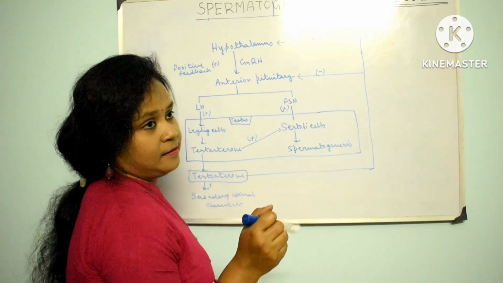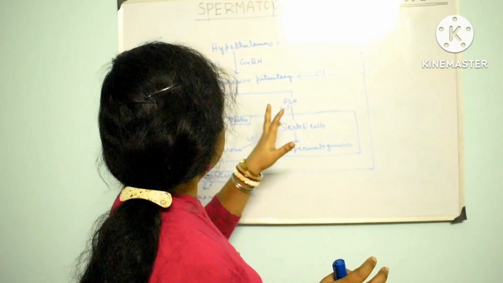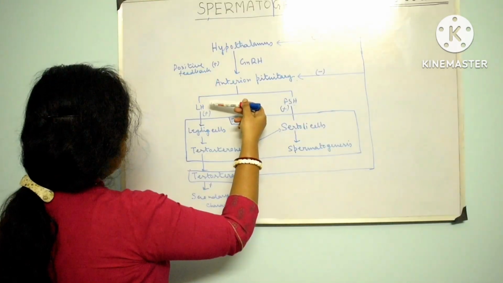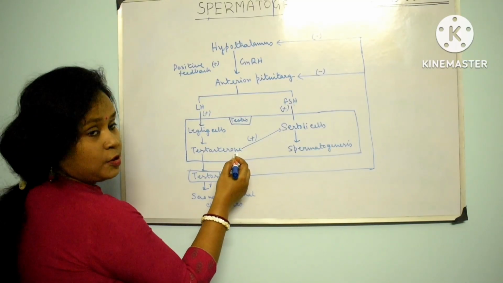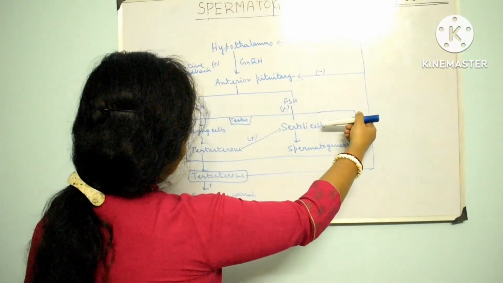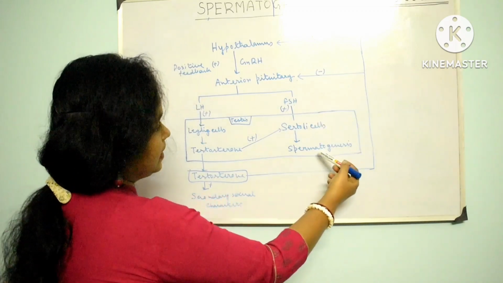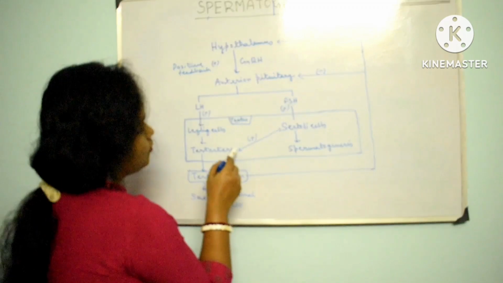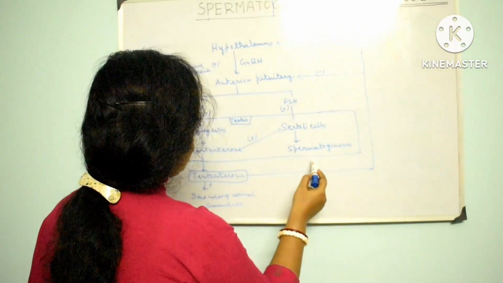Assume this is inside the human testis, and the effect of LH and FSH inside it. LH exerts its effect on the Leydig cell to secrete testosterone hormone. On the other hand, FSH gives instruction to the Sertoli cell to help spermatogenesis. Testosterone also exerts its effect on the Sertoli cell and spermatogenesis.